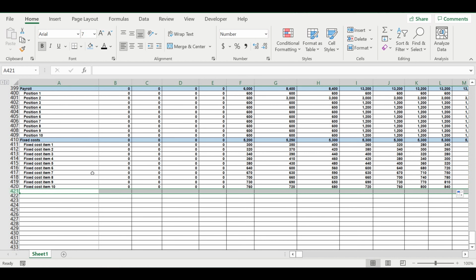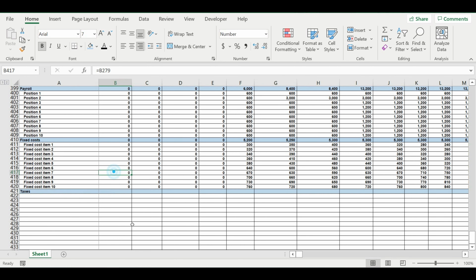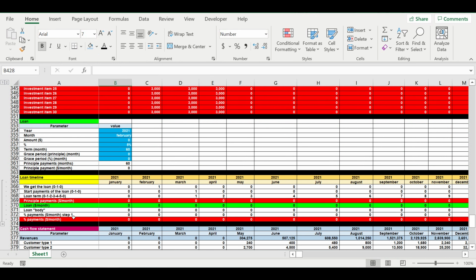Now we will create the block of inputs which deals with taxes. For taxes, we will add a small block of inputs.